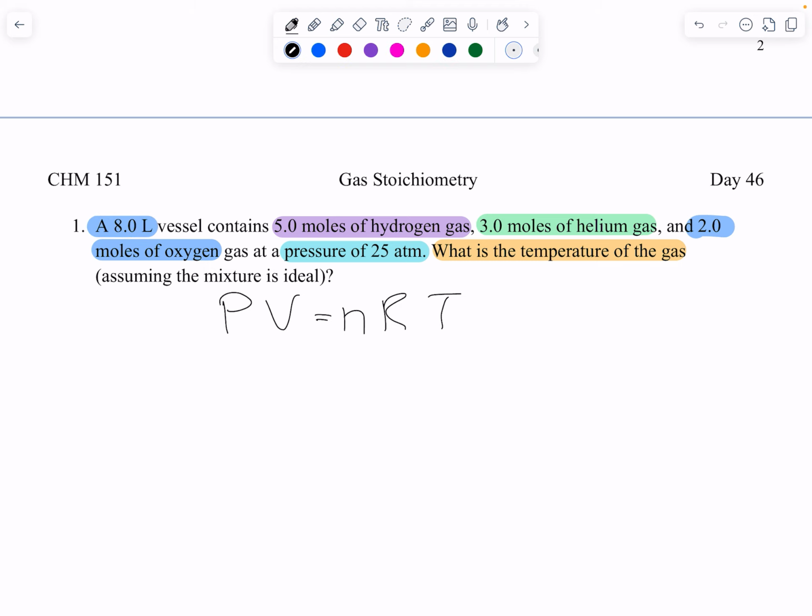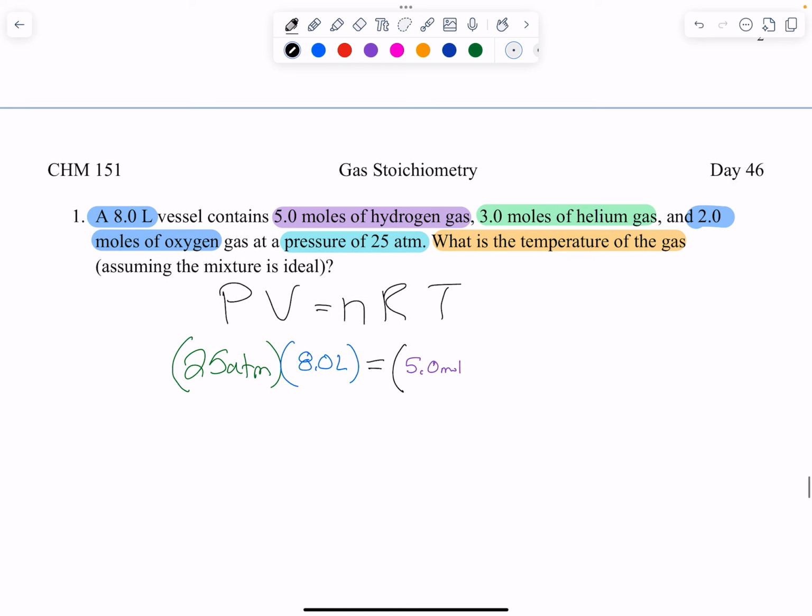All right. And so our pressure is 25 atmospheres. Our volume, 8.0 liters. n, well, all of it, right? I got 5.0 moles plus 3 moles plus 2 moles.